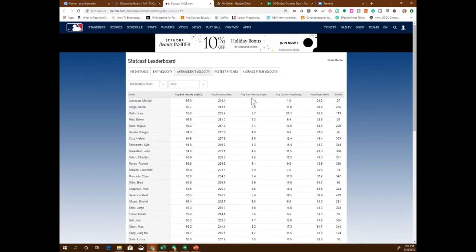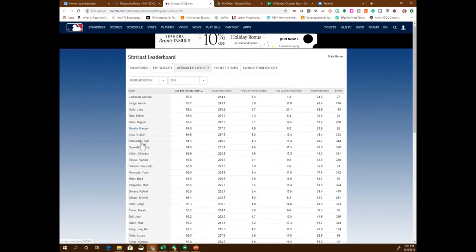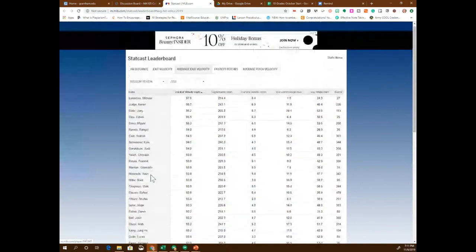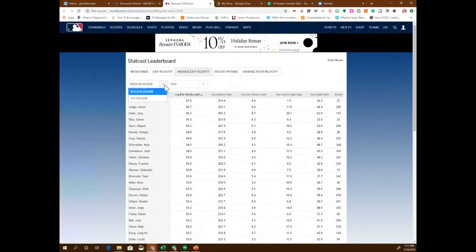Because we're looking at a pop fly, those numbers don't apply. What does matter is the exit velocity. That's the speed at which it's hit. You're going to pick somebody off of this list. It's sorted by highest to lowest. If you want, you can just look for your favorite batter. You can pick a team. You can even use last year's numbers.